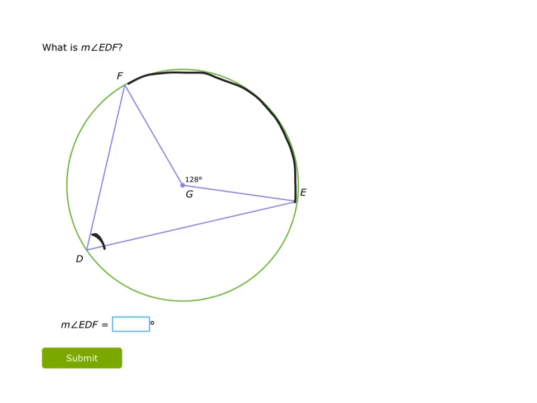Well, I know that the measure of angle FGE is 128 degrees, and that's the same as the measure of the arc, so the measure of the arc is 128 degrees. So I just have to cut that in half, 128 divided by 2, and I get 64. So the answer is that the measure of angle EDF is 64 degrees.